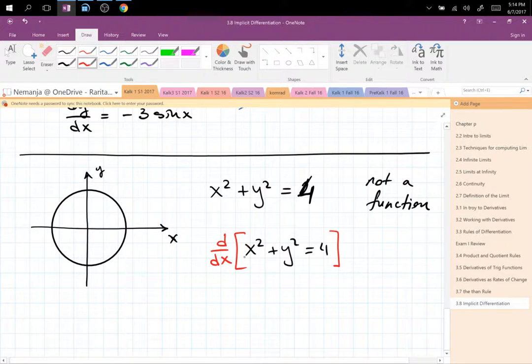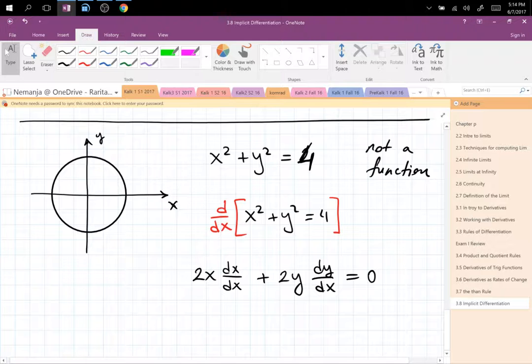What is the derivative of x squared? 2x. And we took the derivative of x in respect to x. Awesome. Plus, what's the derivative of y squared? 2y. And then we took the derivative of y in respect to x. Equal to, what's the derivative of 4? 0. Nice. Now we also see that dx drops.